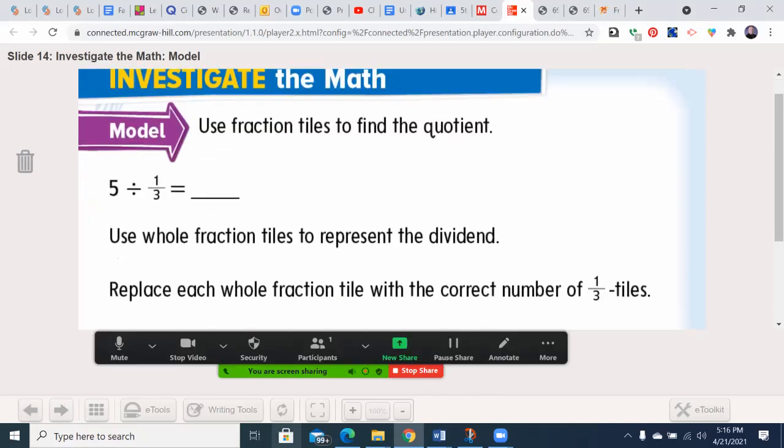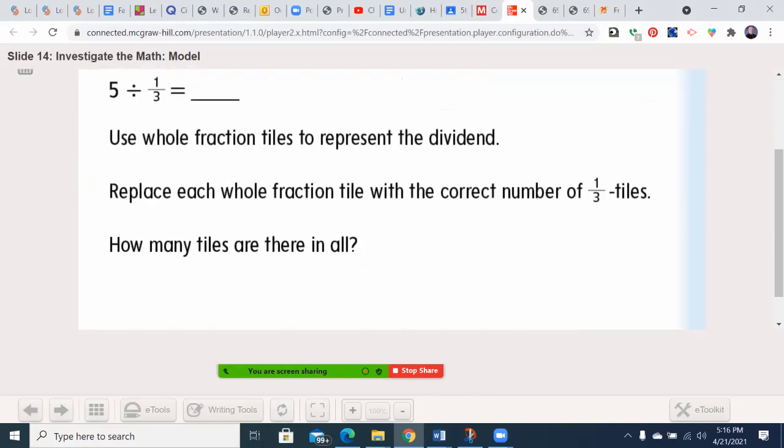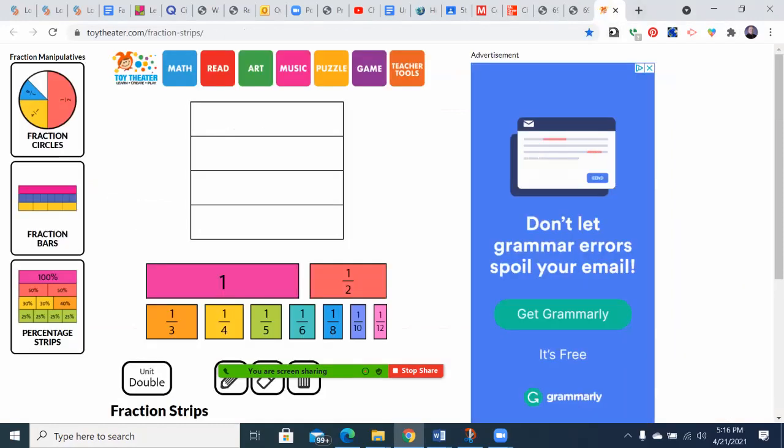5 divided by 1/3. Use fraction tiles to represent the dividend. Replace each fraction tile with the correct number of thirds. All right, so let's drag this up. How many pieces would make one? There's 1, 2, and 3.